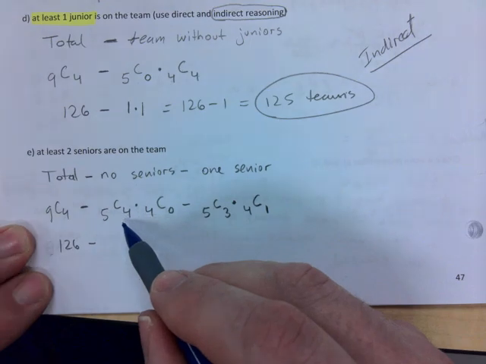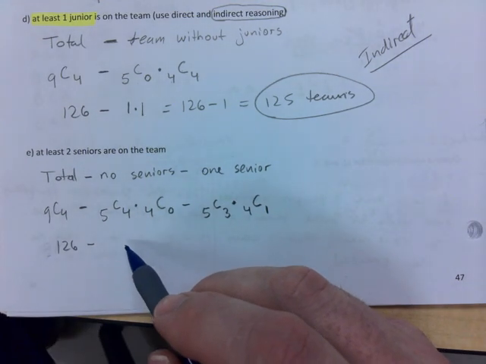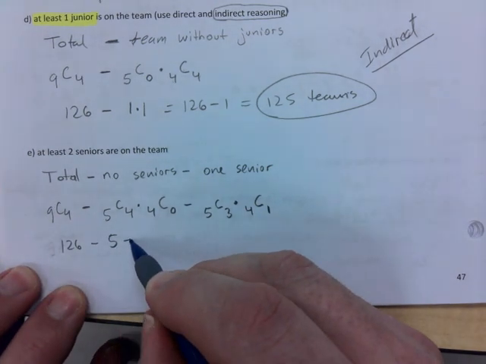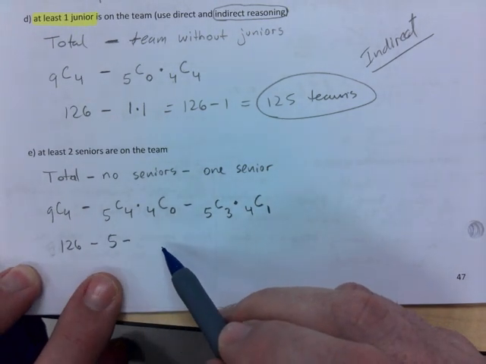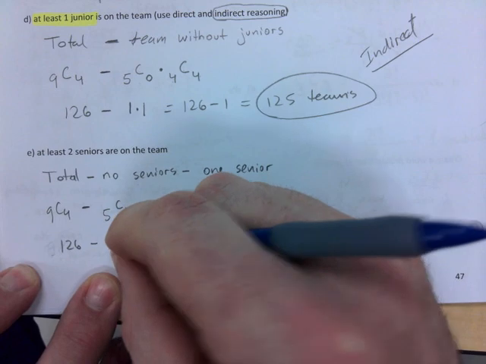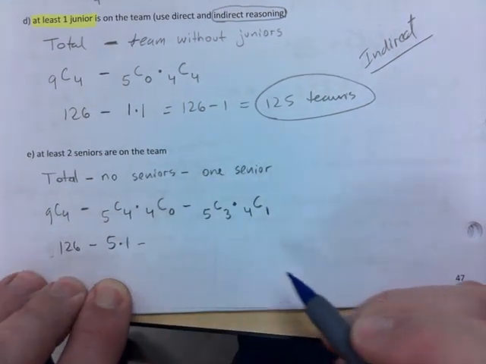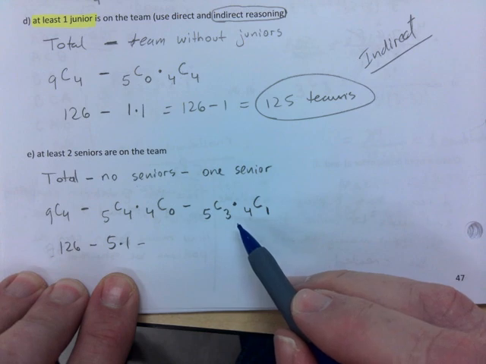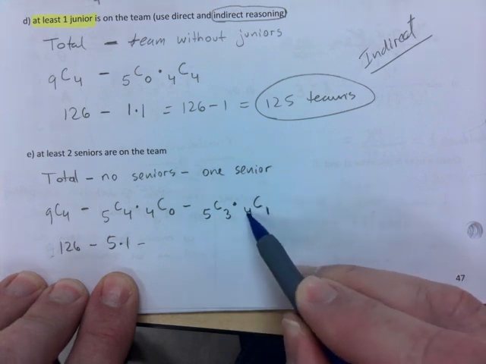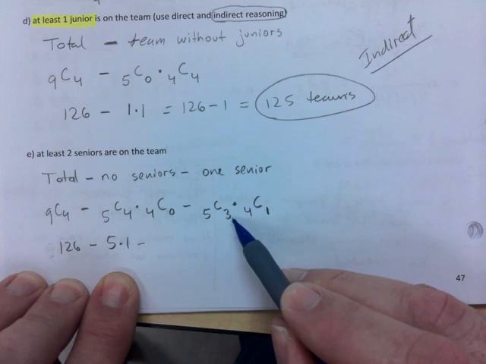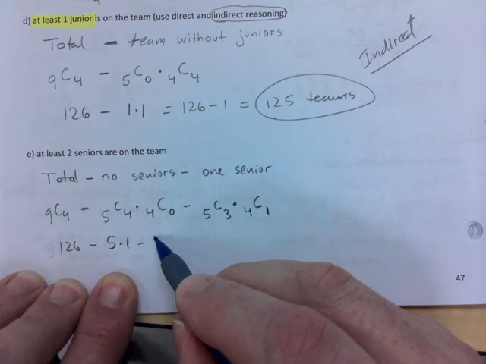5 choose 4 is, sorry, this is 5, 4 choose 0 is just 1, and then here this ends up being 4 choose 1 is 4, and 5 here, so that's 40 actually.